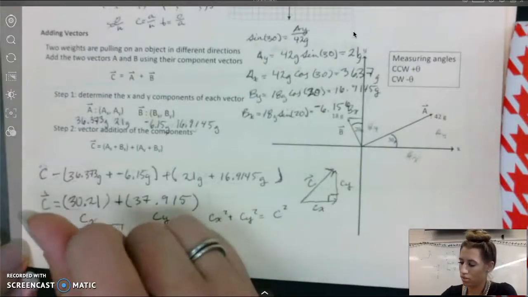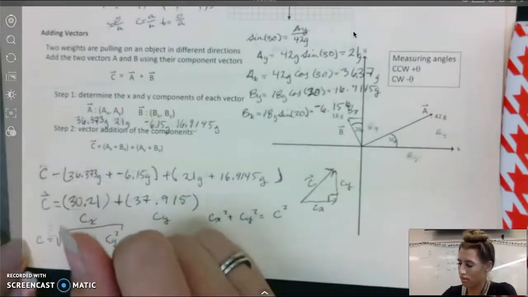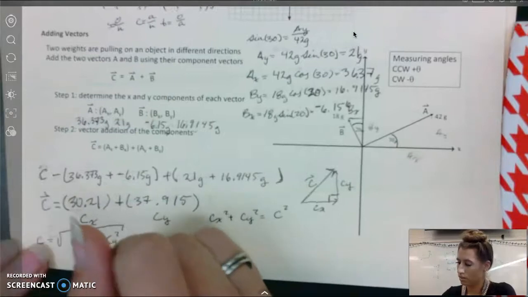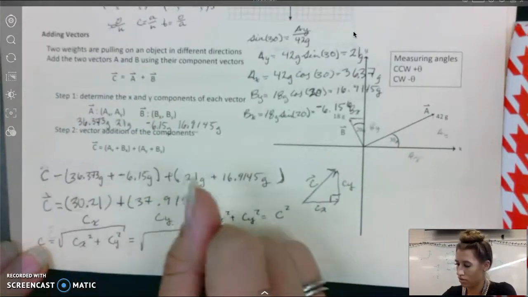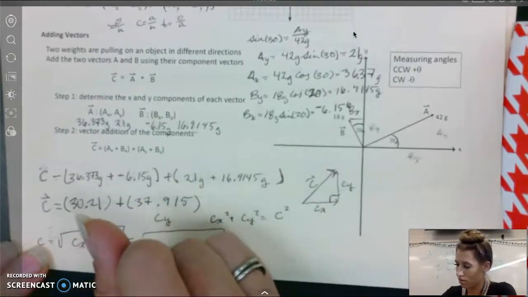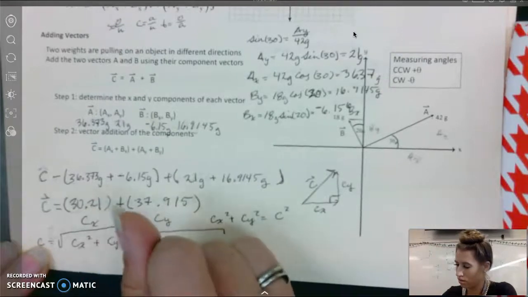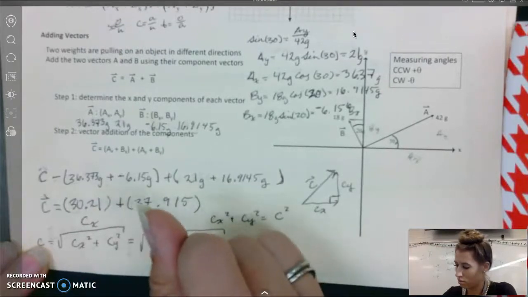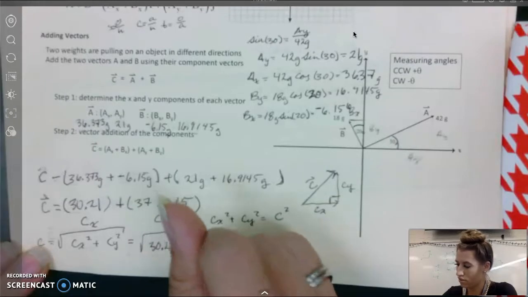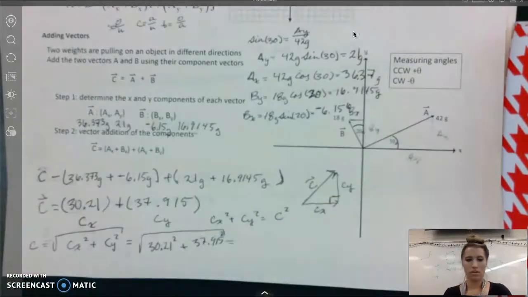We know those numbers, so we can plug those in. We take the square root of 30.21 squared plus 37.915 squared.